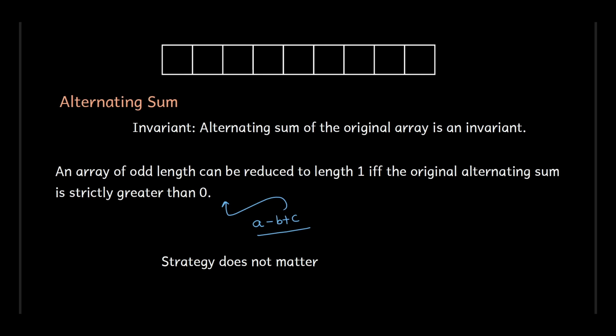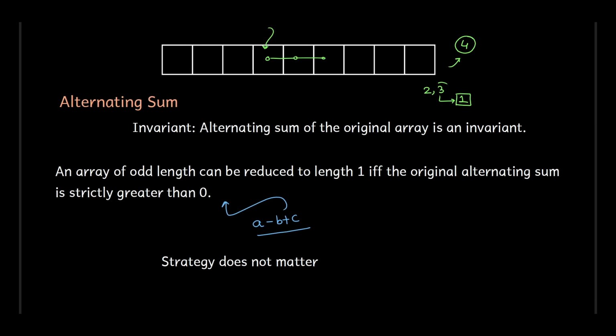You can do the operations in any random fashion as long as you are allowed to do, and you will always have one window where you're allowed to do these operations if the size of the original array or the size of the reduced array is at least 4, and then you can either reduce it down to 2 or 3. But if you want to go from 3 to 1, then you have to check whether the alternating sum of the original array is strictly positive.